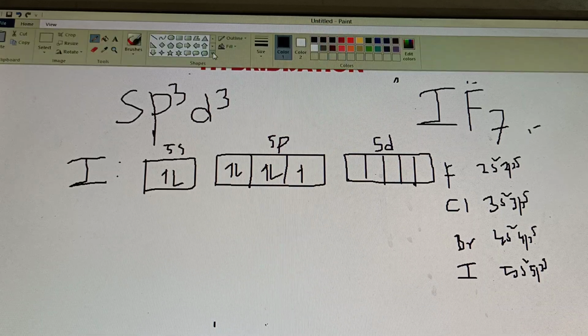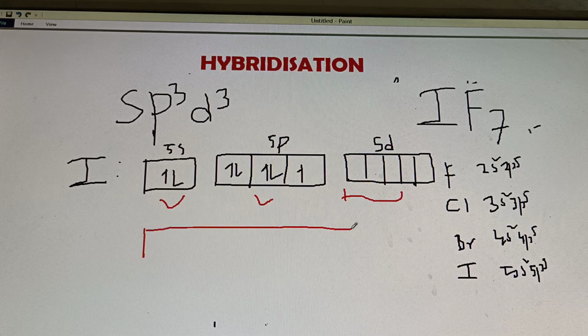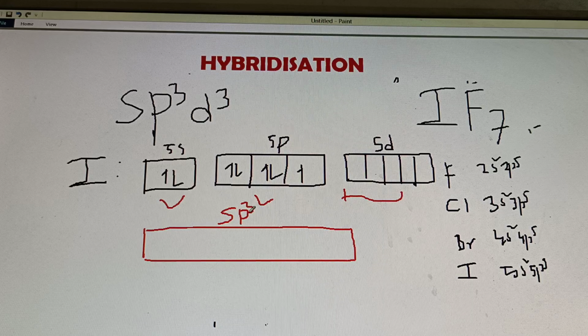Now here intermixing one s, three p and three d. After intermixing, 7 sp3d3 orbitals will be formed.